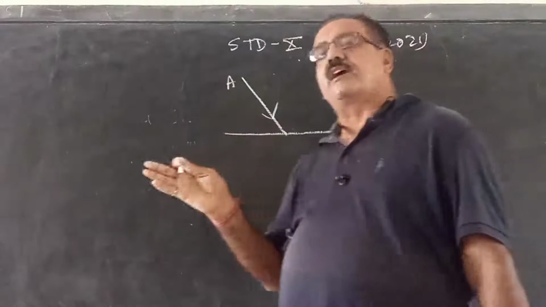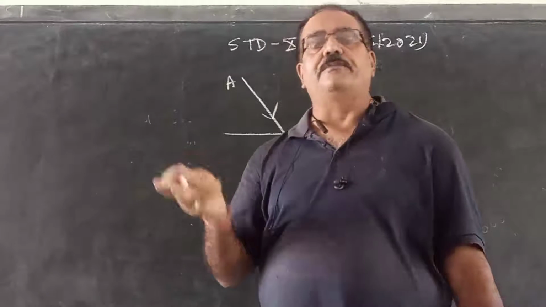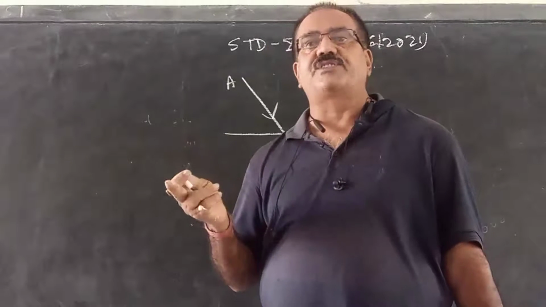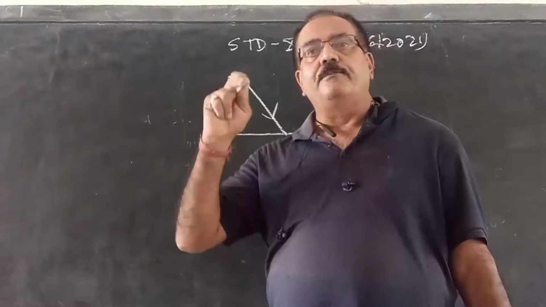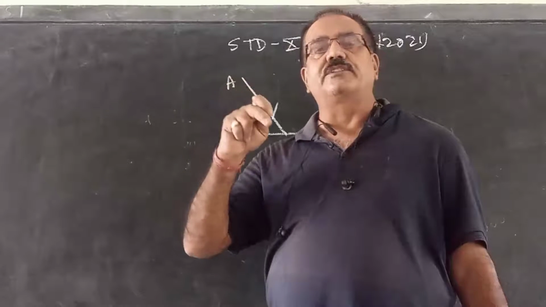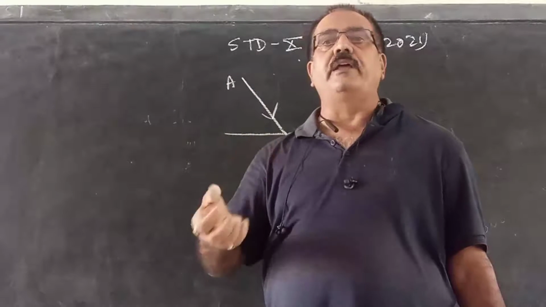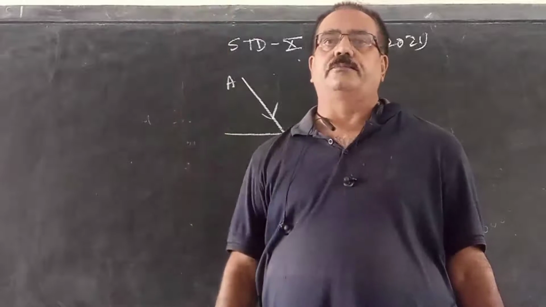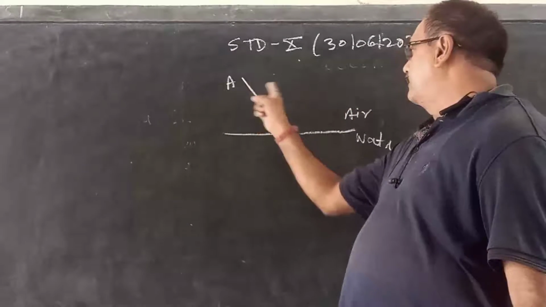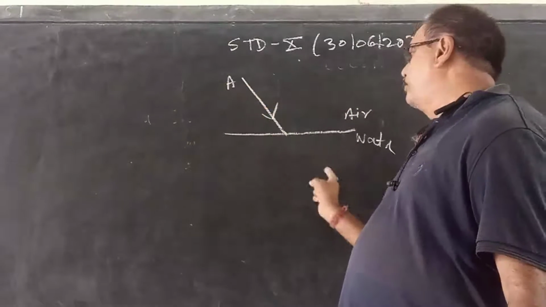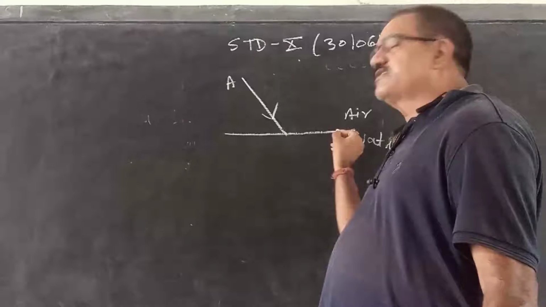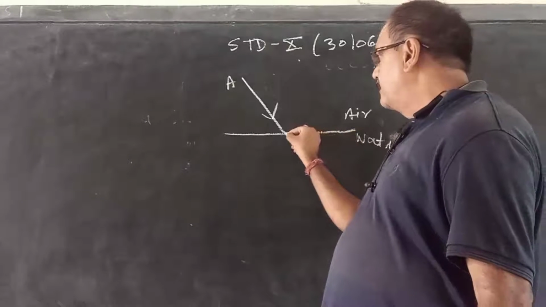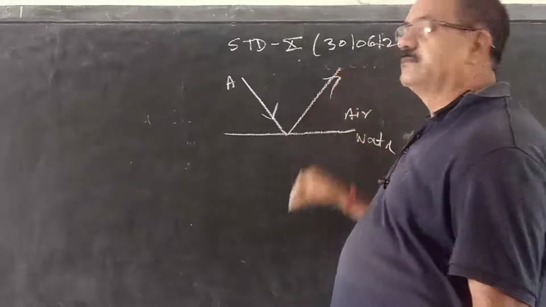Whenever a ray of light strikes a different medium, not only reflection, but reflection as well as refraction takes place, and some ray is absorbed in the medium also. So here the ray A comes from air to water, and when it strikes the separating surface, some ray will be refracted.